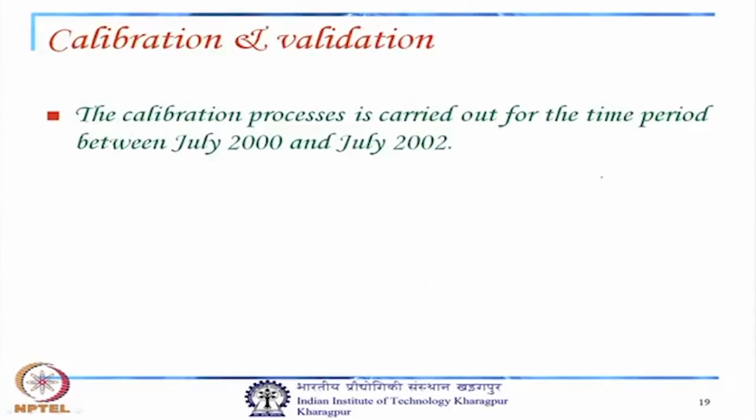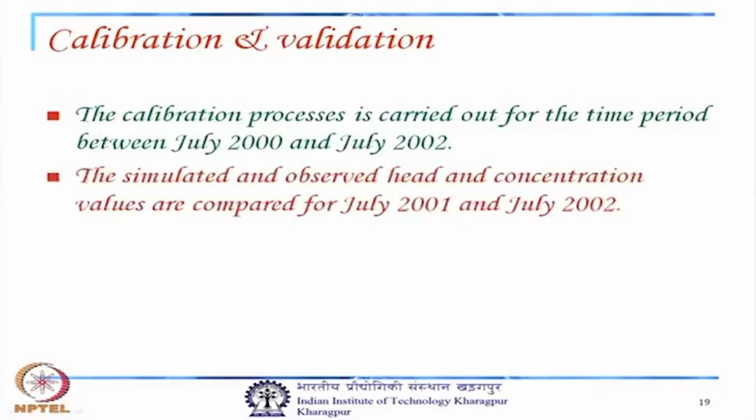So, calibration and validation, the calibration process is carried out for the time period between July 2000 to July 2002, and simulated and observed head and concentration values are compared with the July 2001, July 2002.